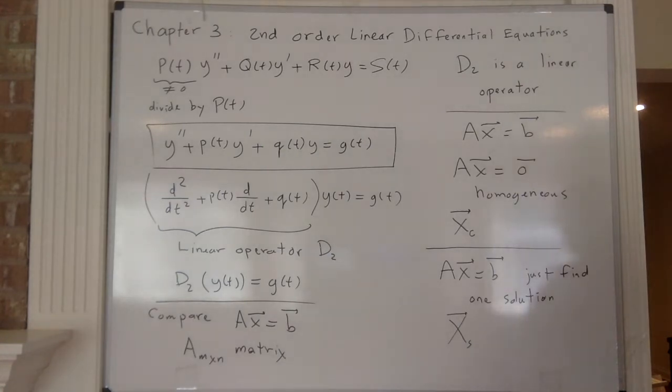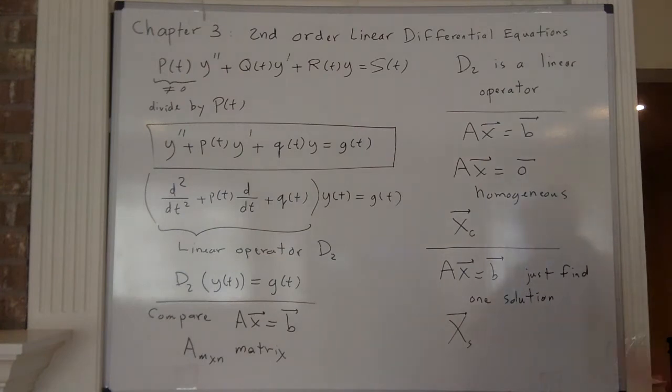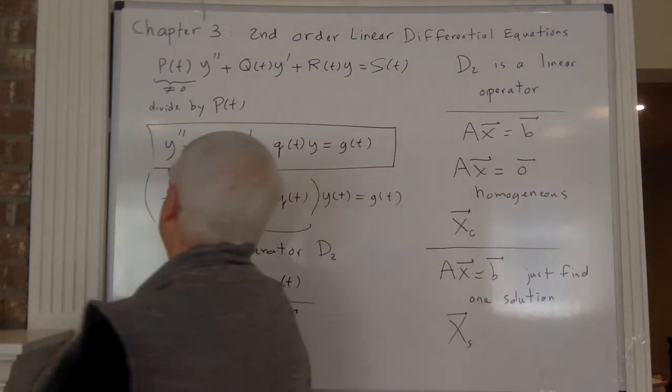First we solve the homogeneous system. Then if I have something on the right hand side, which is this function g(t), then I will find one solution. When I have g(t) on the right hand side, then I put them together, and that is the general solution. So let's do it.